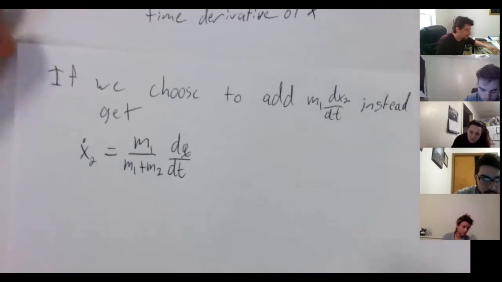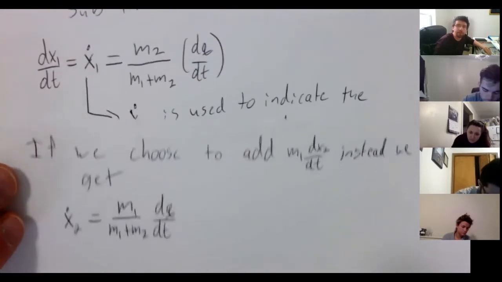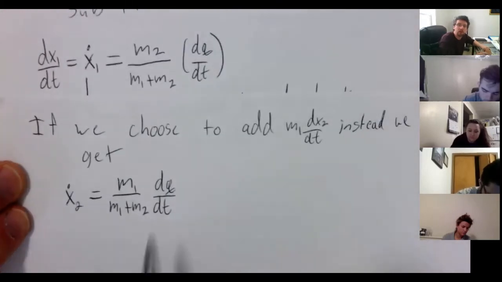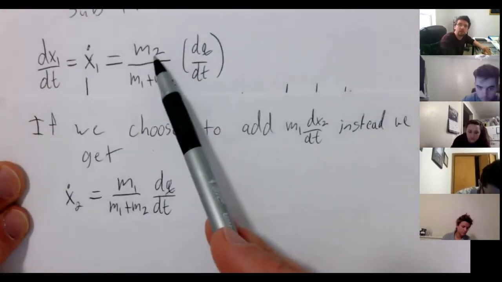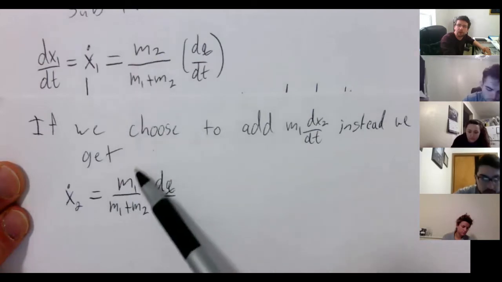So it's almost the same thing as our previous equation, except if you look, we got m2 up top, and here we have m1 up top.